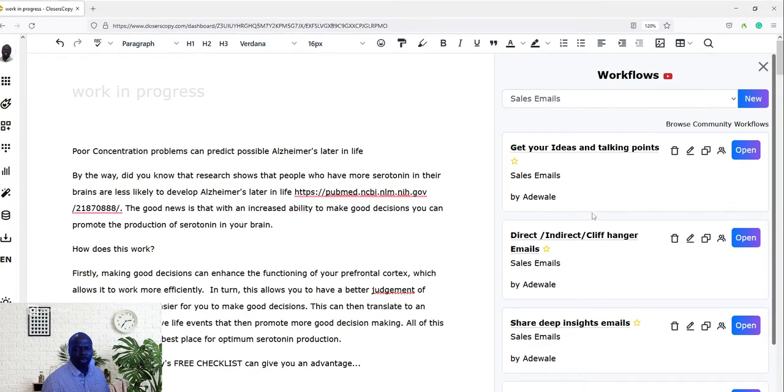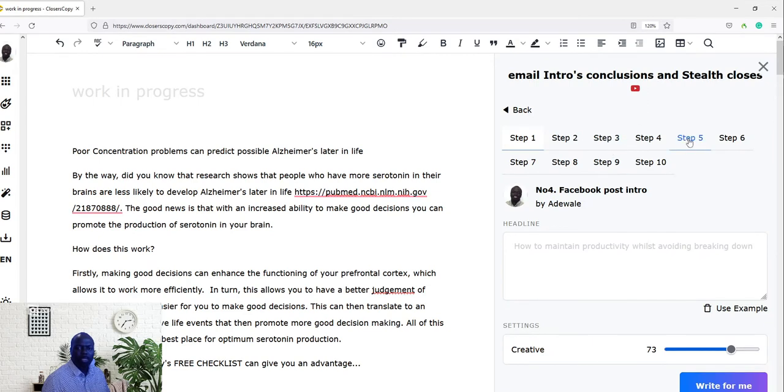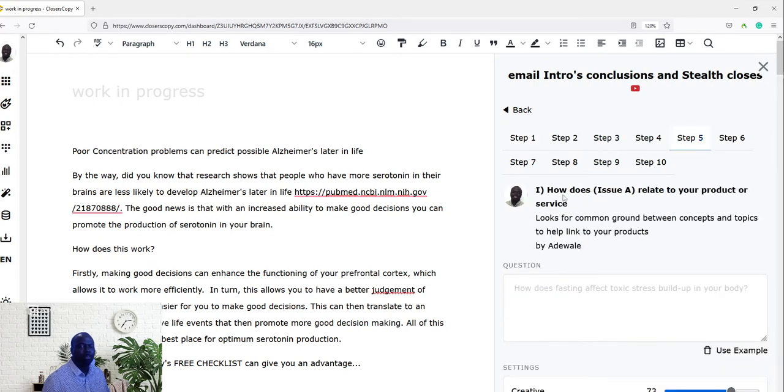In this particular one, we'll be going into the email intro, conclusions, and stealth closes, and we are picking step 5. Step 5 asks the question: how does issue A relate to a product or service? In this case, how does issue A, which is concentration problems, link to a client's problem, who's got depression, for example?